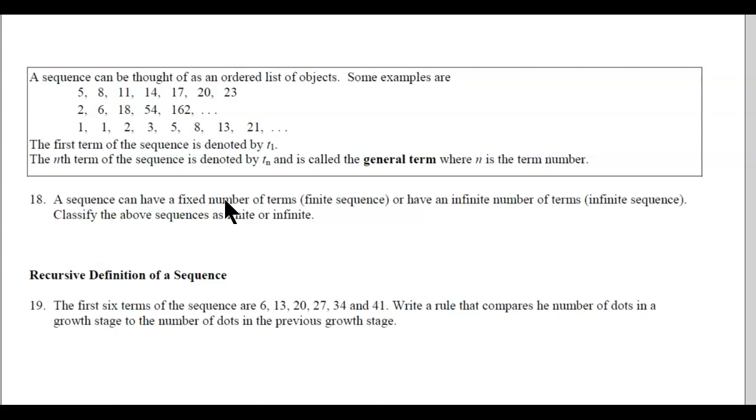IB sometimes uses A for your first term, and then T's for any other terms. Because A is the first letter of the alphabet, A is sometimes used as the first term, and your textbook might do that. Okay? And then they sometimes use U's with a subscript for the terms.